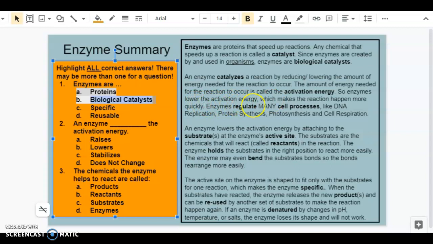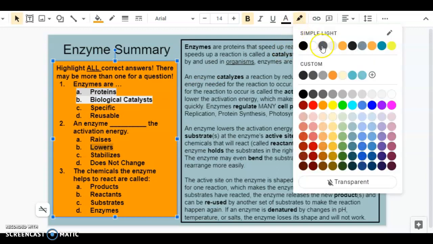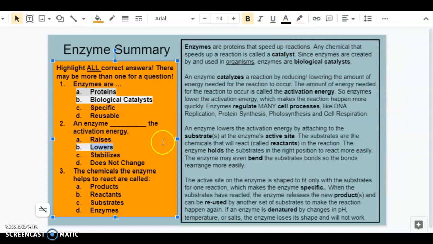Enzymes regulate many cell processes like DNA replication, protein synthesis, photosynthesis, and cell respiration. So, what does an enzyme do to the activation energy? It lowers it so that the reaction doesn't have to do as much work. The enzyme takes on some of the work so the reaction can happen more quickly. How does it do it?